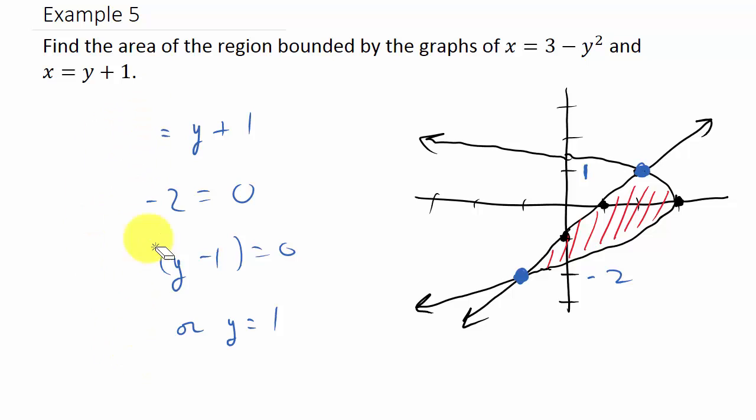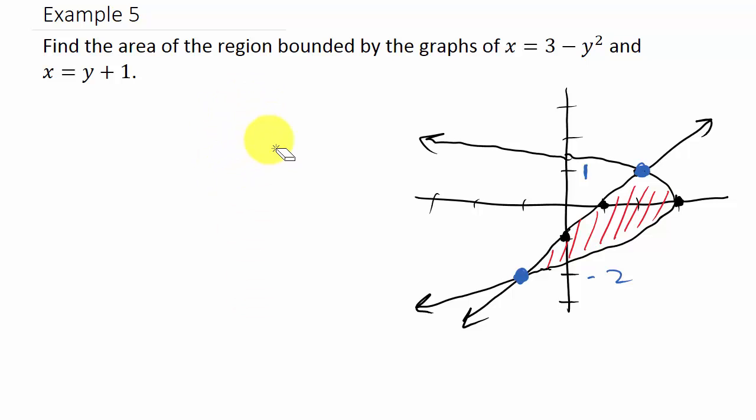So this one's a little bit different than the first ones I worked. Notice the values that we found were y values. So our limits of integration are y values. So when I set up my integral, my area is going to go from negative 2 to 1.